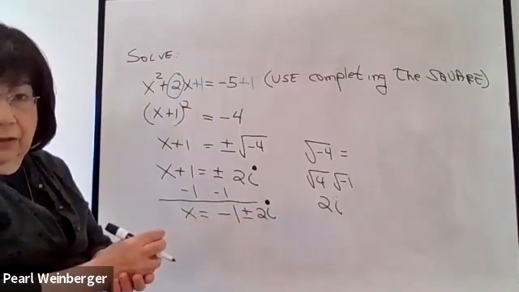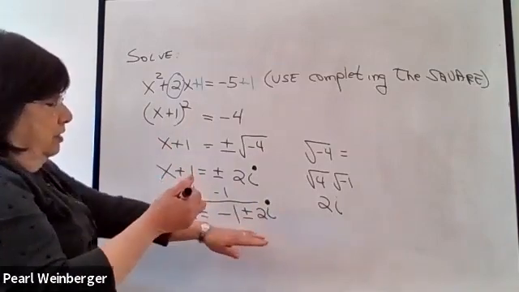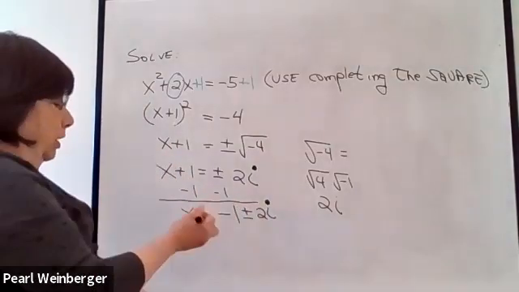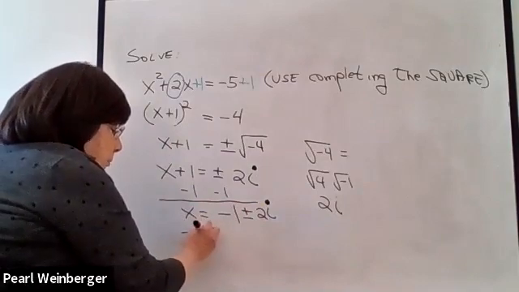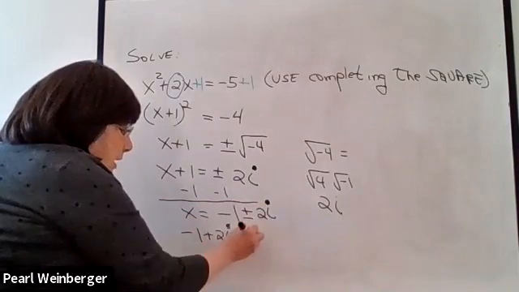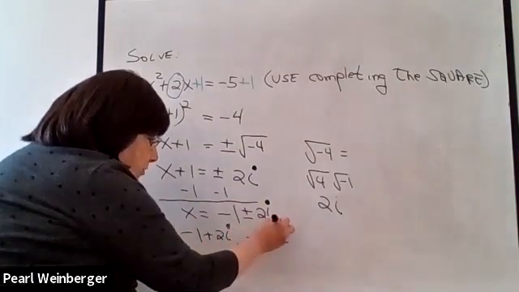You can't combine them. What you could do, if you wanted to, instead of writing it with this plus or minus symbol, is write it separately as two answers: negative 1 plus 2i for one answer, and negative 1 minus 2i for your other answer.